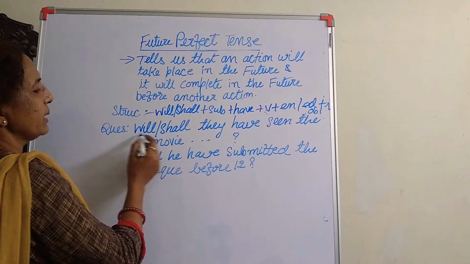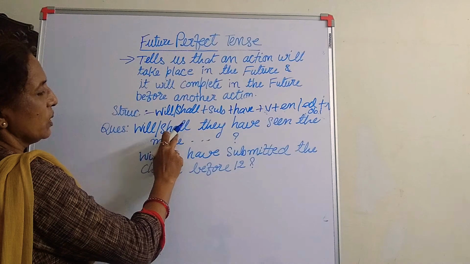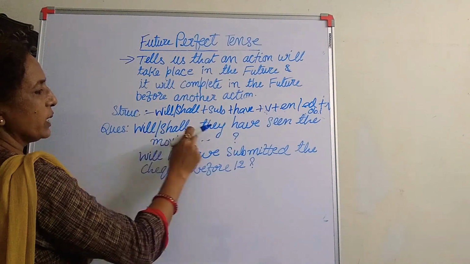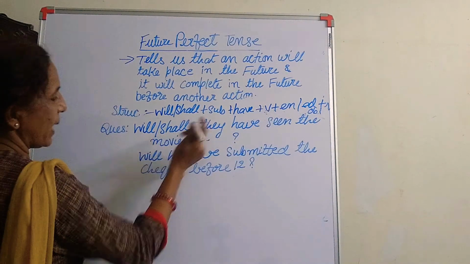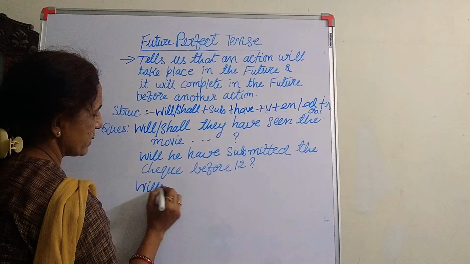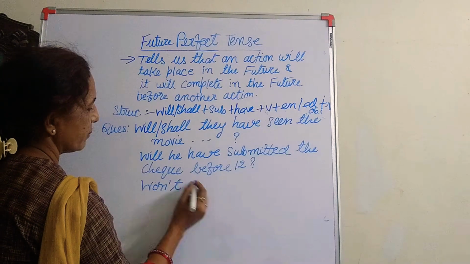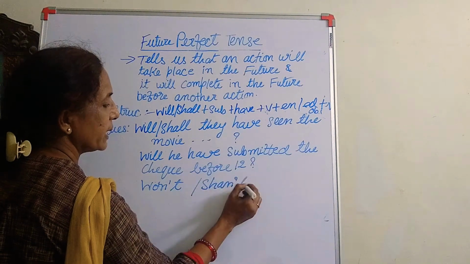If it is negative, then we use the abbreviations, will or shall with the not. So, won't they have seen the movie. Instead of will, if it is negative, it will be won't. And if it is shall, then it is shan't, which I had told you earlier.